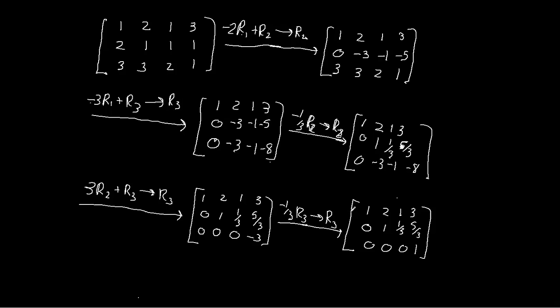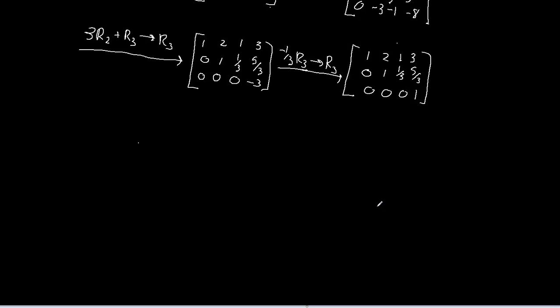So we've created all of our leading ones, and we've made sure that every row below the leading one, there's a 0 in that column. So now we need to take care of the numbers above the leading ones. So let's give ourselves a little bit of room here. So this column is good, right? There's no number above this leading one.